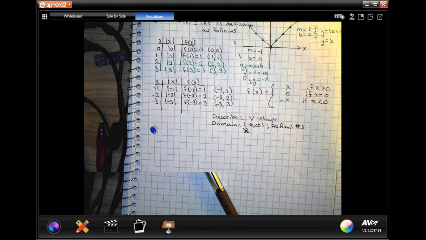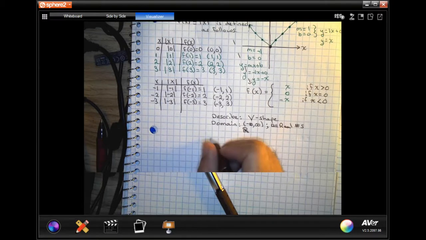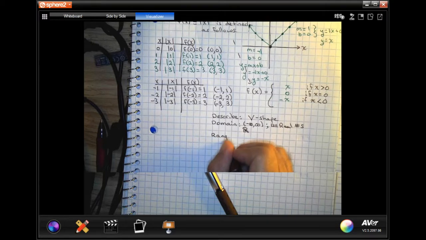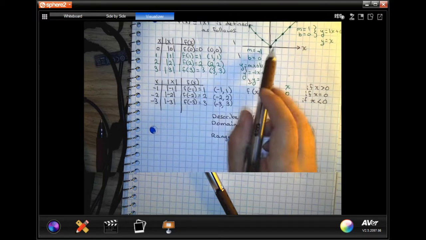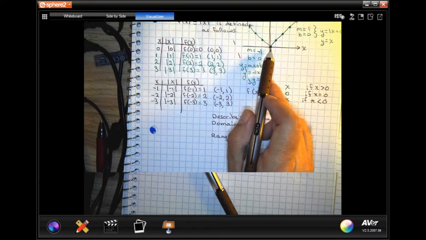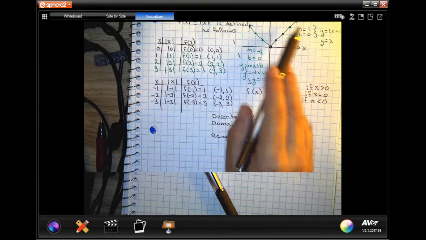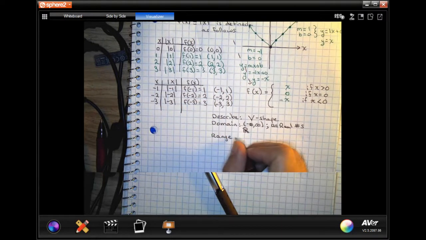The range. The range are all the possible y values. So the possible y values for the parent function of absolute value is from 0 to positive infinity, including the number 0.